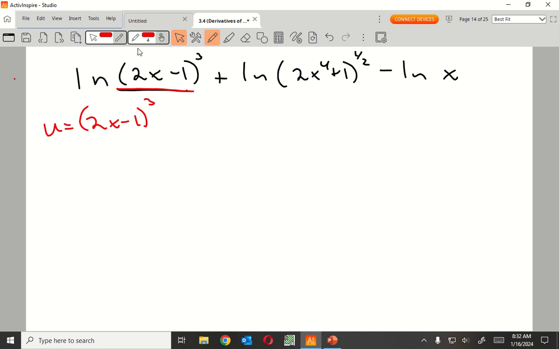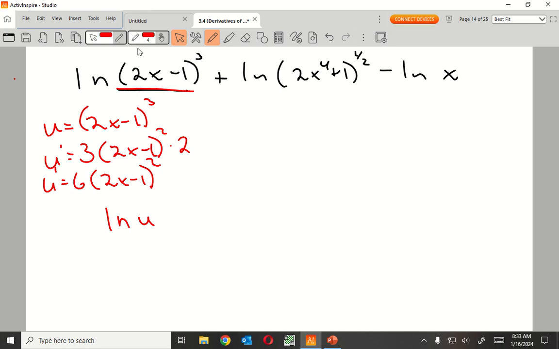Okay, so what's u prime? 3 times 2, right? So this u prime is 6 times 2x minus 1 squared. So did that turn this into just ln of u?